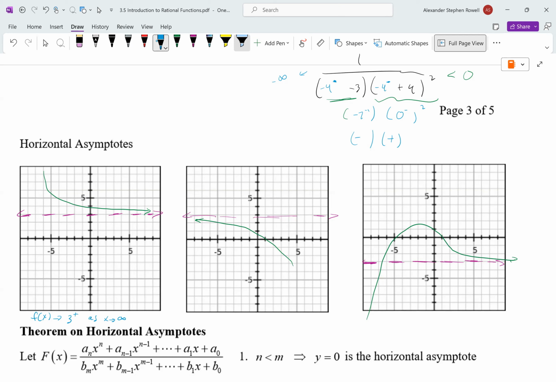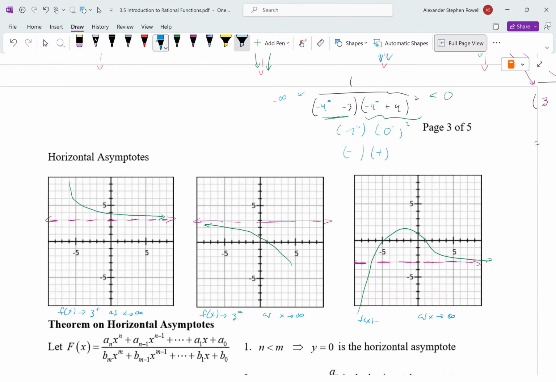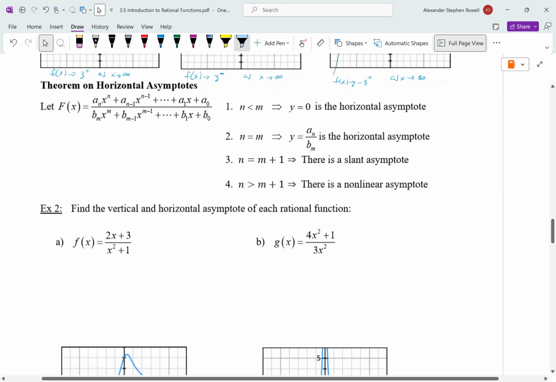For the next graph, as x goes to the left, what's my y value approaching? 3 from below. In that exponent position, I'm writing a negative sign. And finally, with this one, as x goes far out, my y value is approaching -3 from above. And we get to the theorem on horizontal asymptotes. There's a lot to memorize in this section. Okay.